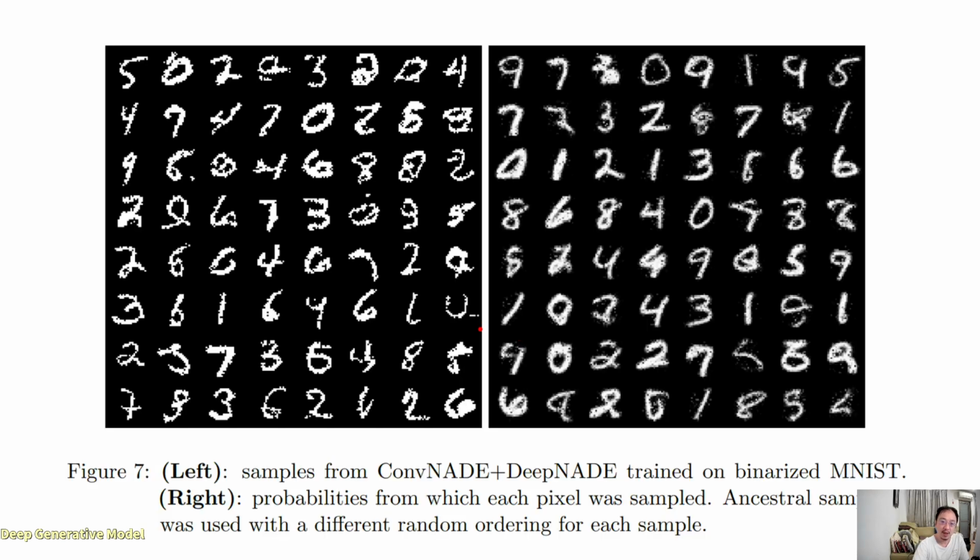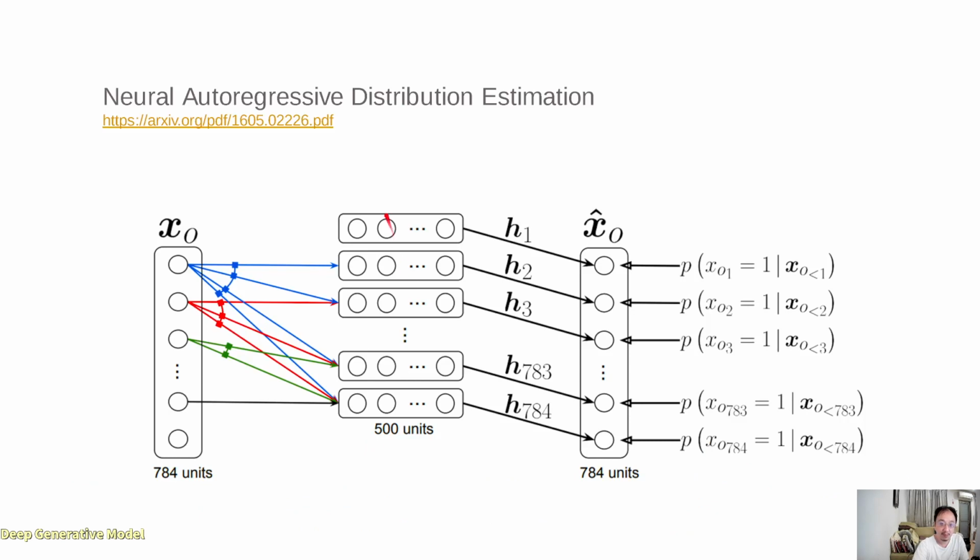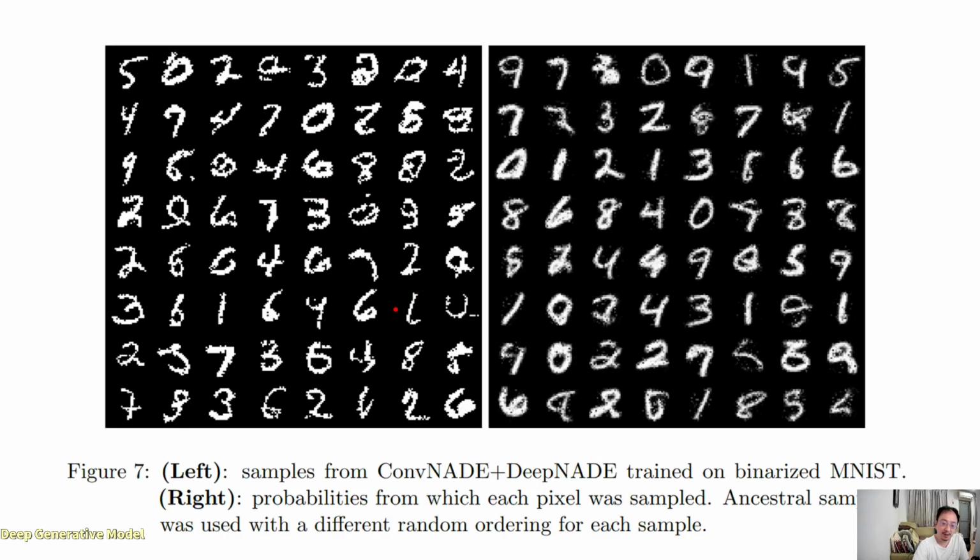In the same paper, which is a 2016 paper, I believe, they also consider a convolution version, not only the MLP one. They consider the convolution one and the deep one. And like the fully visible sigmoid belief net, it also considers only the binarized MNIST.